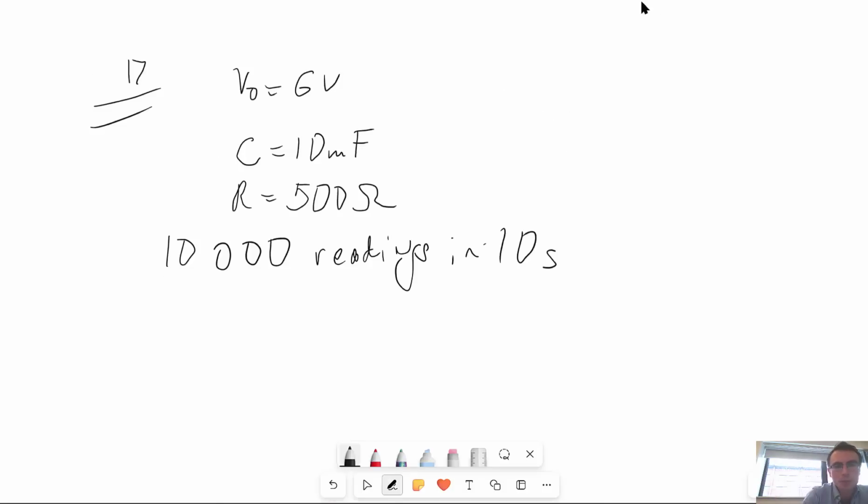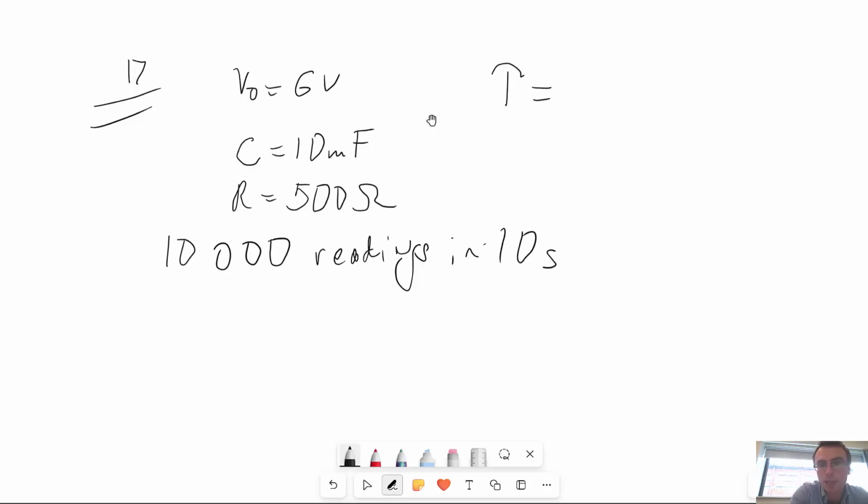Okay, so for question 17, we're given quite a lot of data. V0 is equal to 6 volts for a capacitor that's discharging. Now, what would the potential difference be after a time equal to the time constant? So what is the time constant?